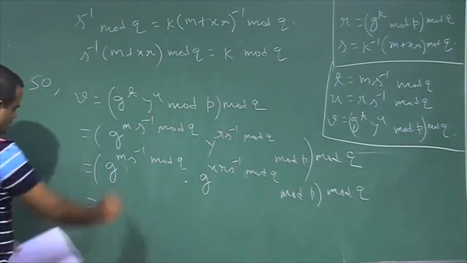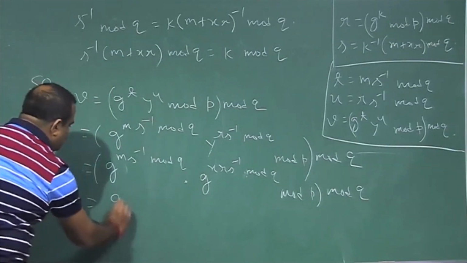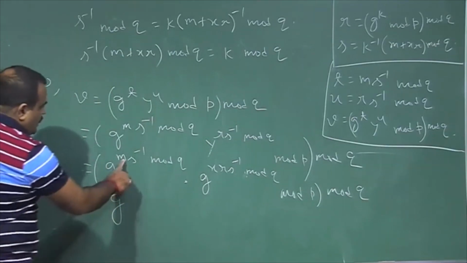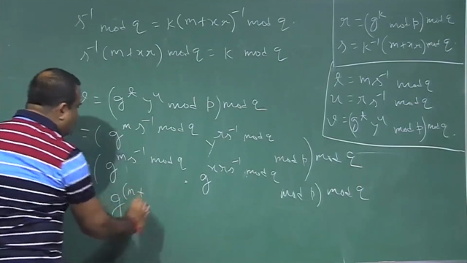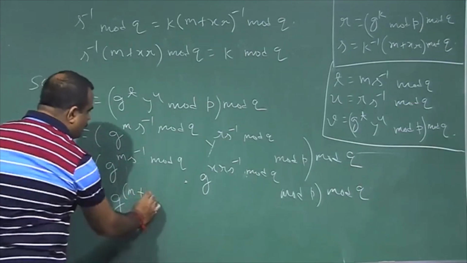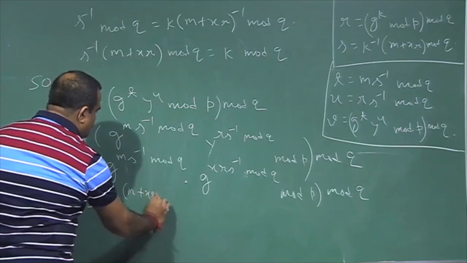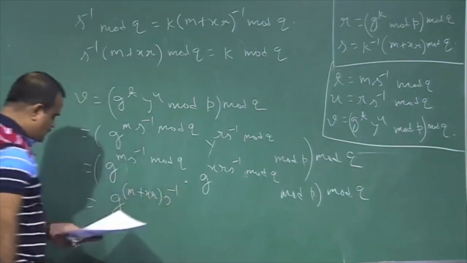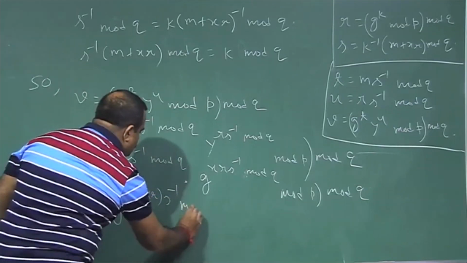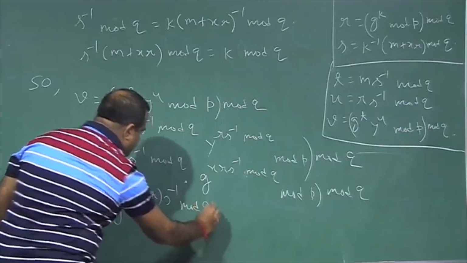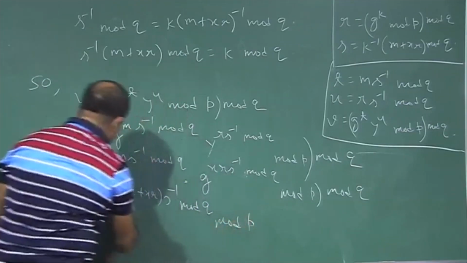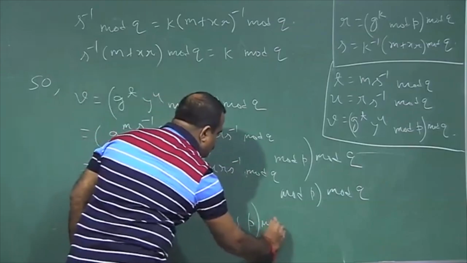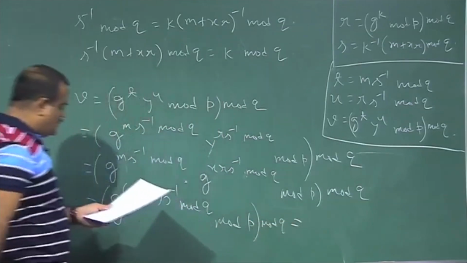So, this will basically give us g to the power m s inverse; we take common m plus x r, s inverse, mod p, mod q. Then mod p and whole mod q, and this is equal to what?